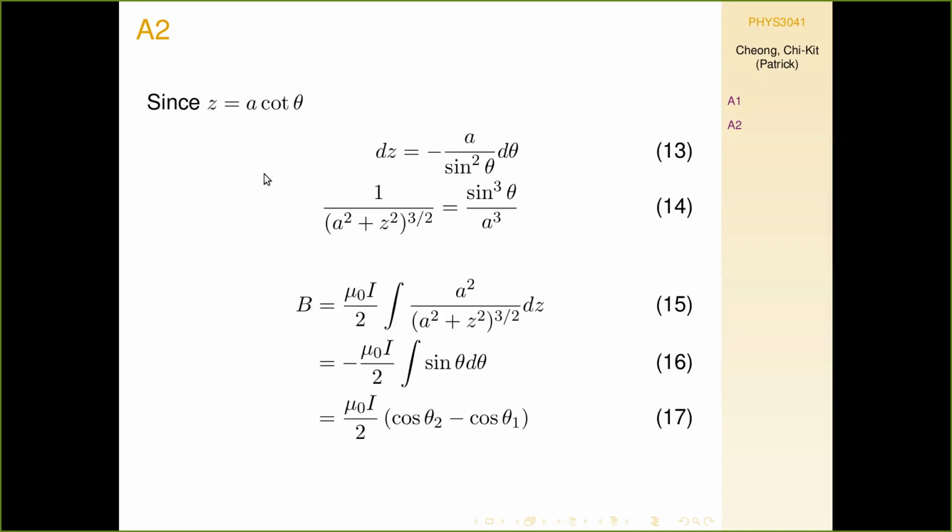So we need some change of variables so that we can do the integration successfully.